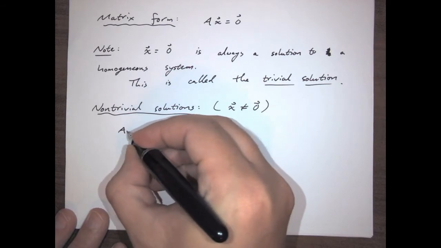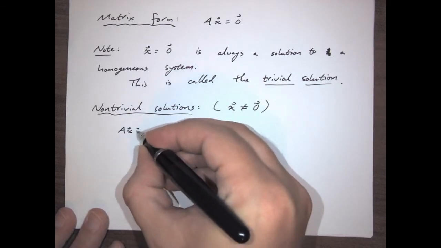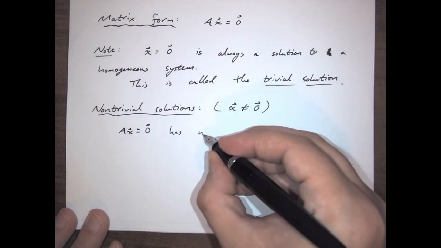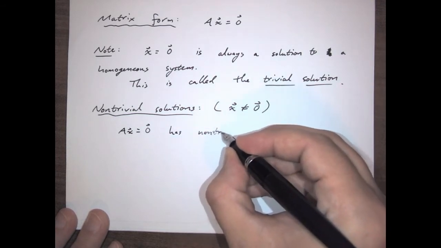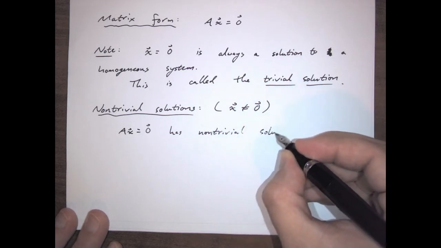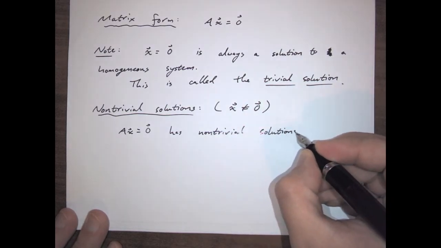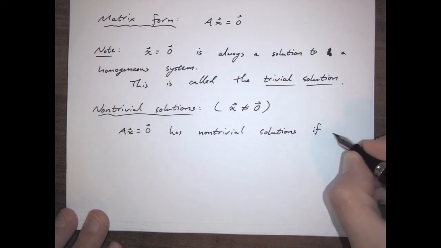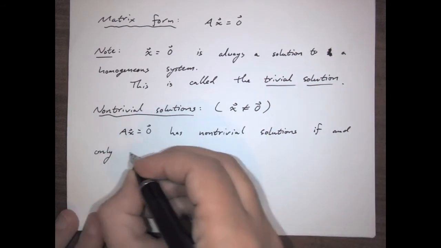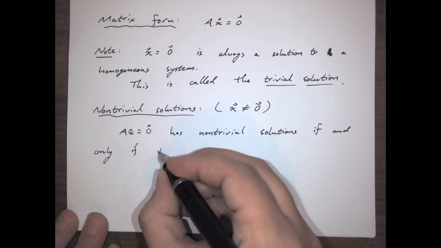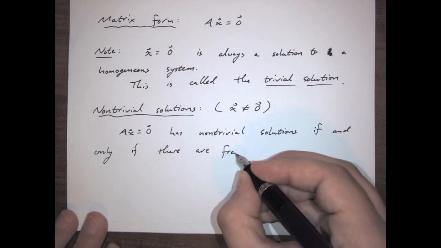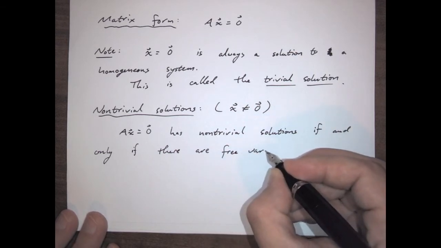So Ax equals 0 has non-trivial solutions if and only if there are free variables.